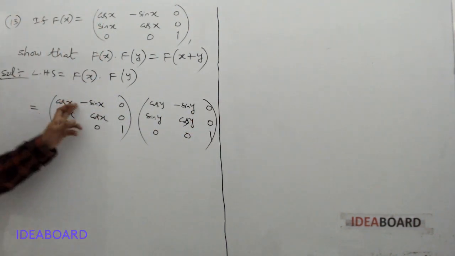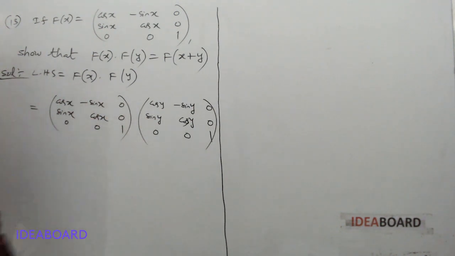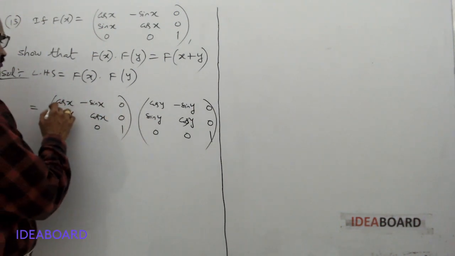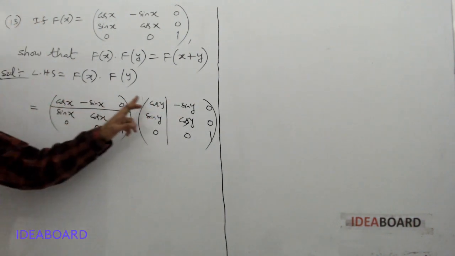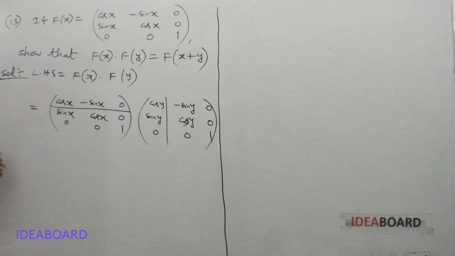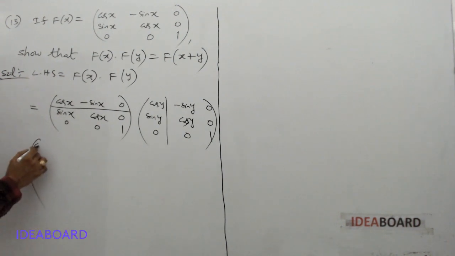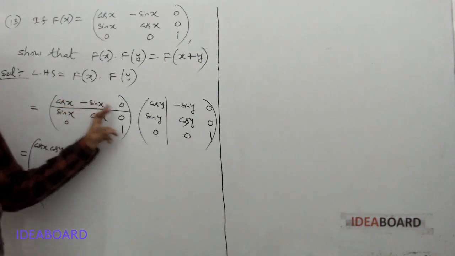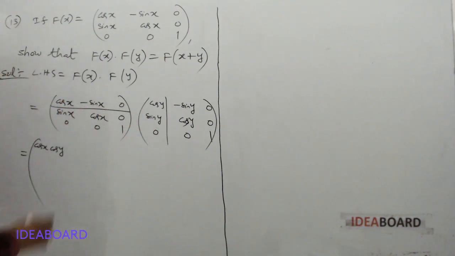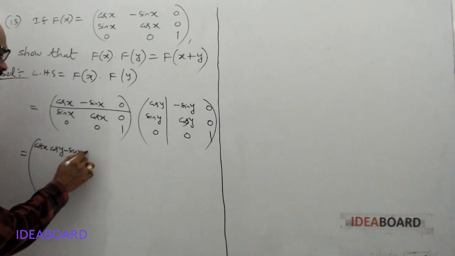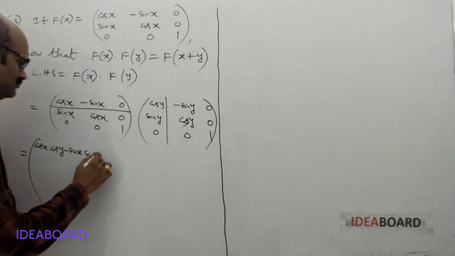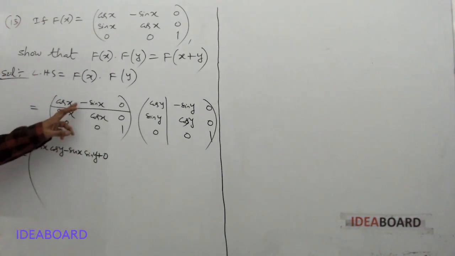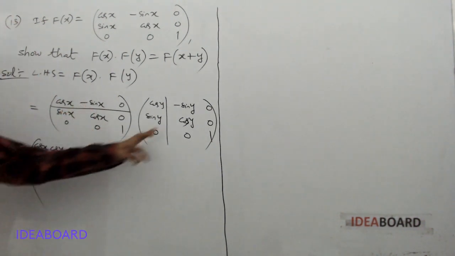Now here we have to multiply these two matrices. So while multiplying we have to take first row and first column. Cos x into cos y minus sin x into sin y plus 0 into 0. Now we have to multiply R1 with C2.